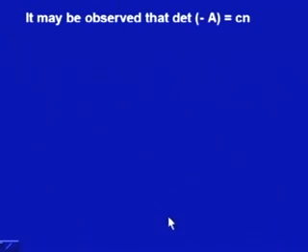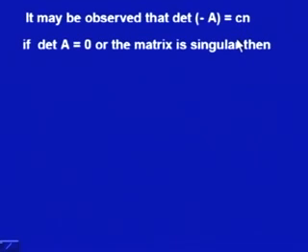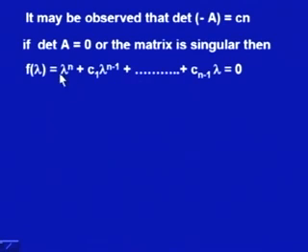Now, one can observe that if I put lambda equal to 0, then determinant of minus A is equal to the coefficient Cn. If determinant A is 0, or the matrix is singular, then Cn will be 0, and my characteristic equation will come in this form: lambda^n plus C1 lambda^(n-1) plus ... plus C(n-1) lambda.